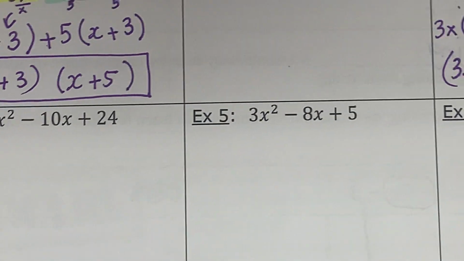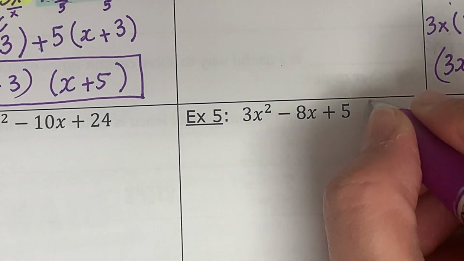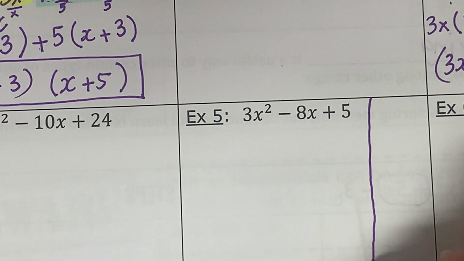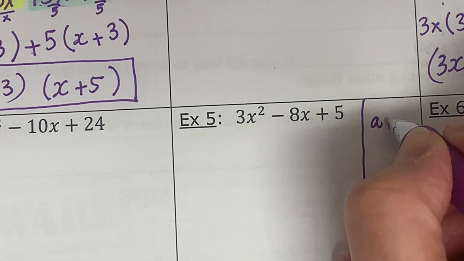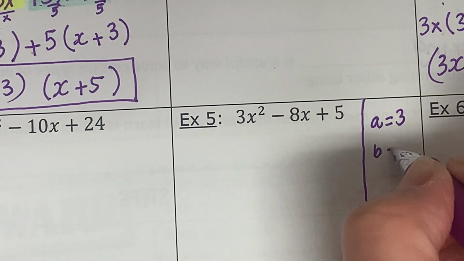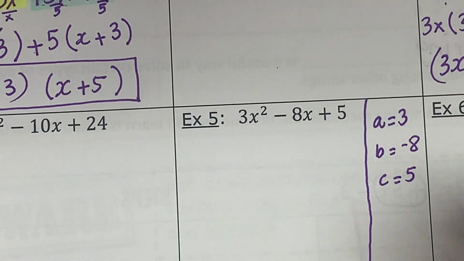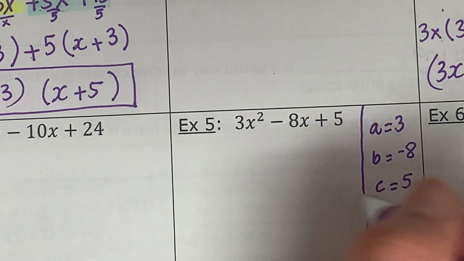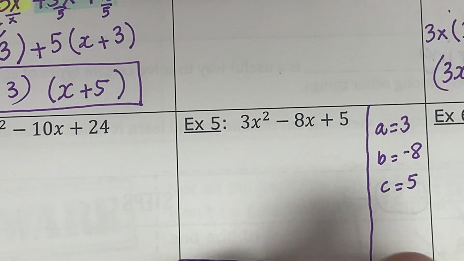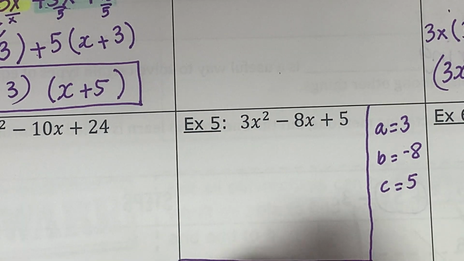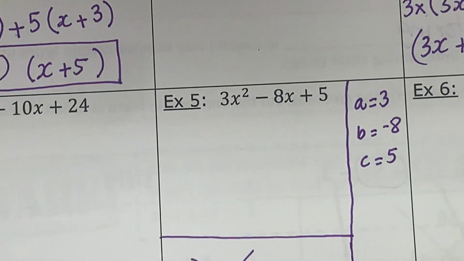All right, I'm going to do number 5 example. A is 3, B is negative 8, C is positive 5. I'm going to draw the line here because I'm going to write the X puzzle at the bottom.